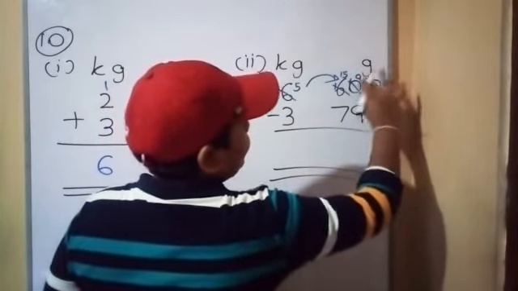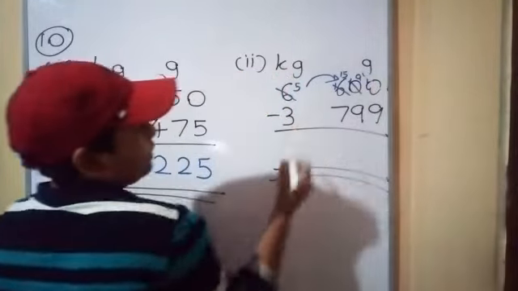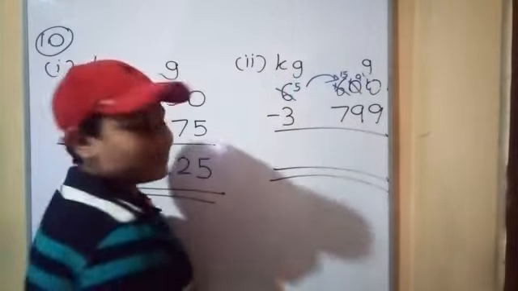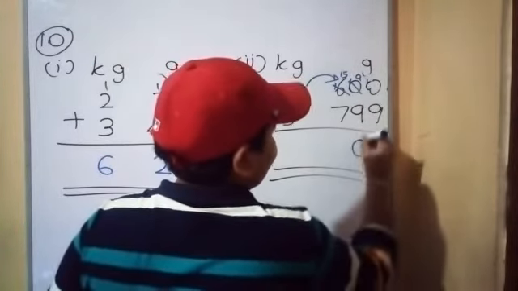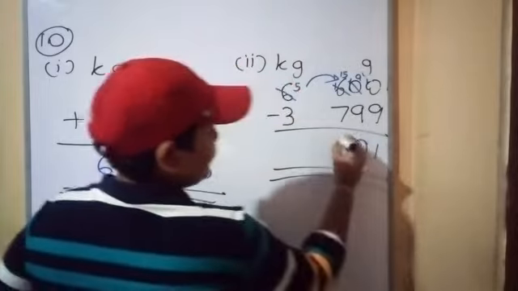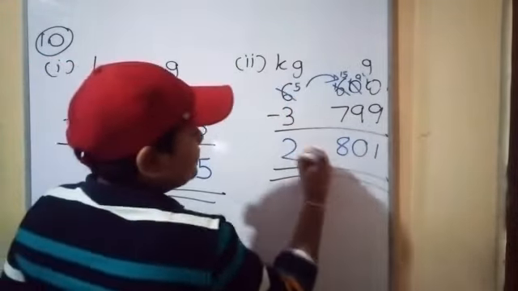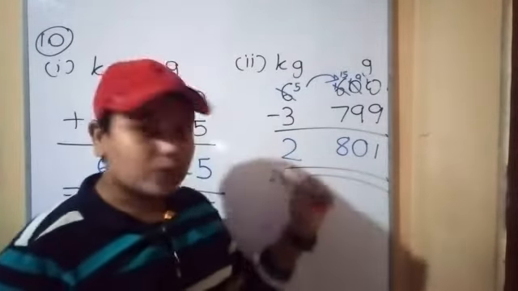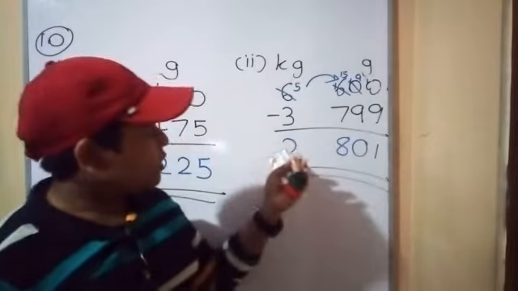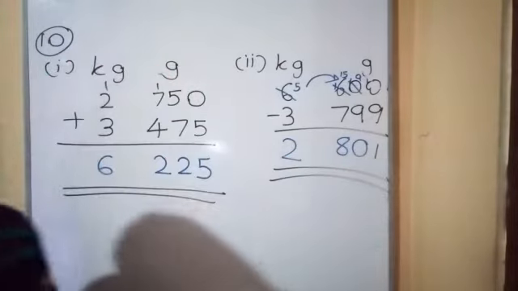Now they have 10, 9, 15 and 5. 10 subtract 9 is 1. 9 subtract 9 is 0. 15 subtract 7 is 8. Now 5 remains, you know that. 5 subtract 3 is 2. So 2 kilograms 801 grams.